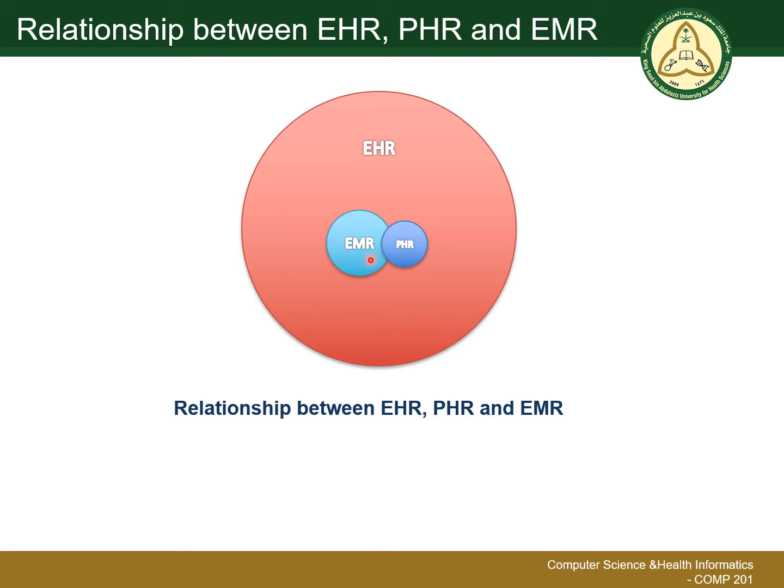And the use of the terms electronic health record and electronic medical record can be explained by the fact that the word health is more encompassing than the word medical.